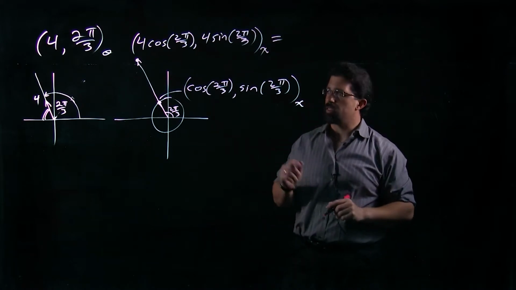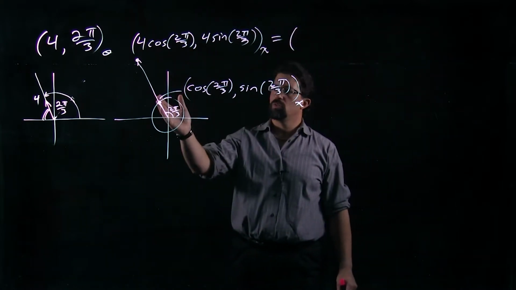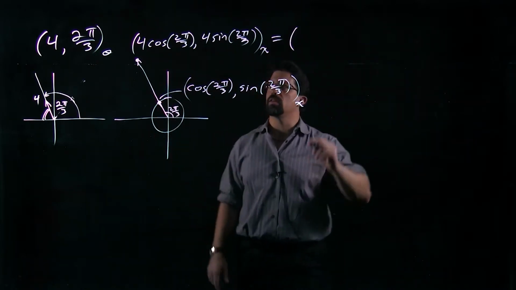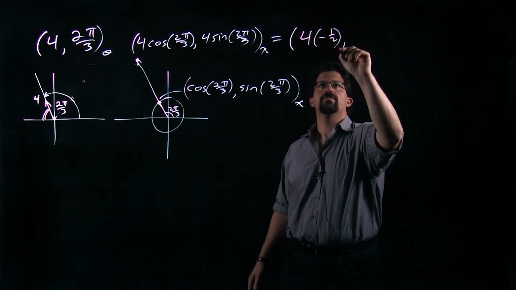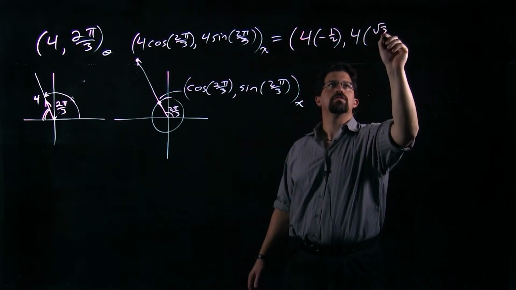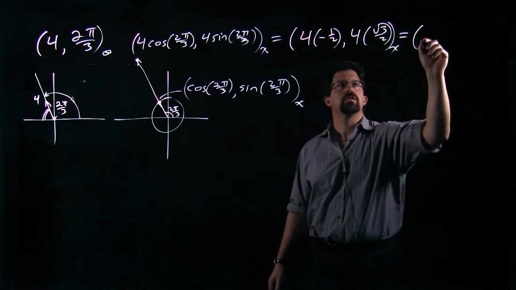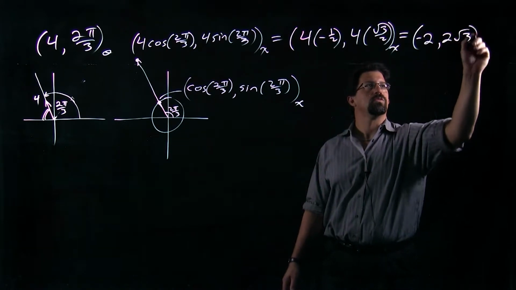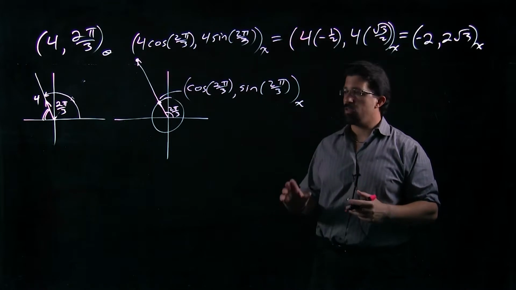Again, this is in rectangular coordinates, and so we can translate that. For 2π/3, this is going to be (-1/2, √3/2). So 4 times negative a half, 4 times root 3 over 2. And so our point is going to be (-2, 2√3). The idea is that way no matter what.